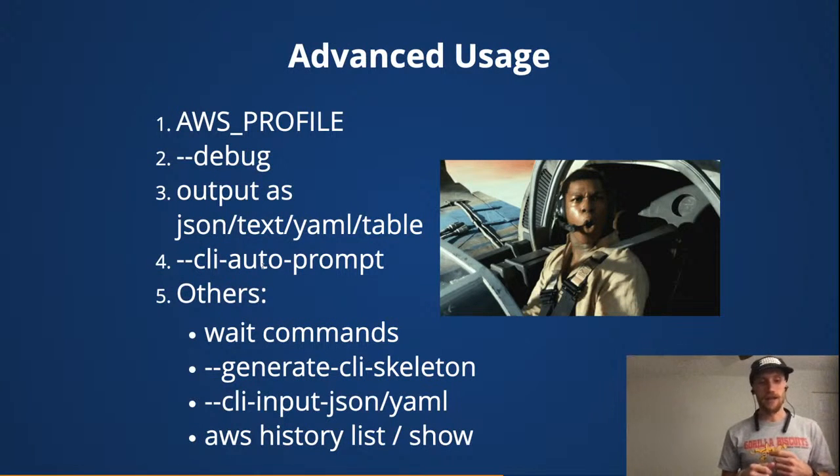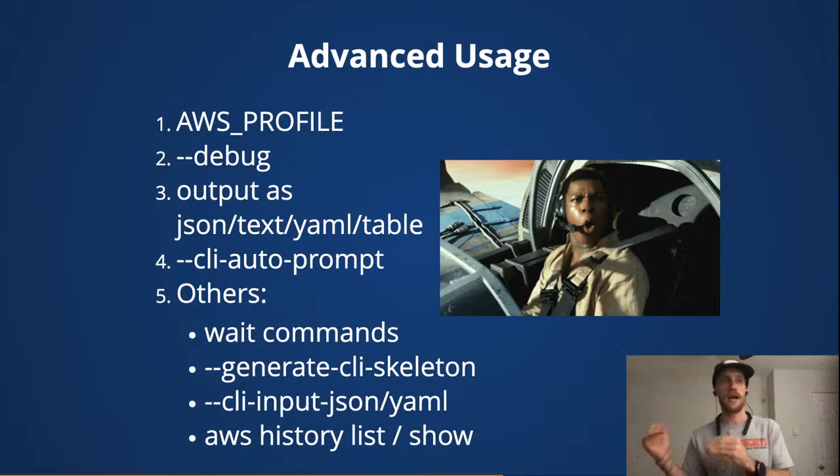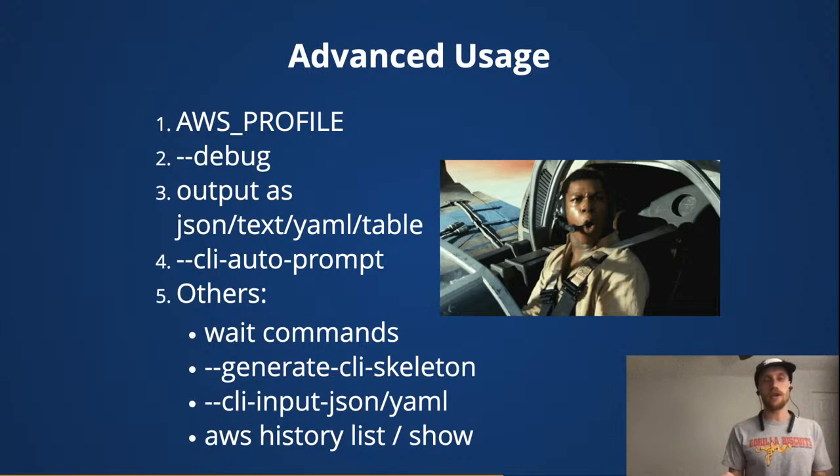So, wait commands. AWS has a thing called wait commands, where let's say you run an EC2 instance. That EC2 instance takes sometimes 10, 20 minutes to come up. Really, if you have a bash script, you could write a loop around waiting for that command to come up, but AWS CLI gives you wait commands to say, hey, I want to wait for this EC2 instance, or I want to wait for this other AWS action that's happening in the background, and then you can then execute something.